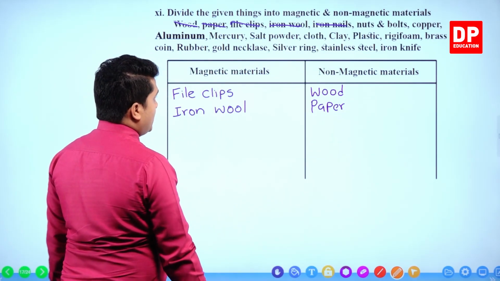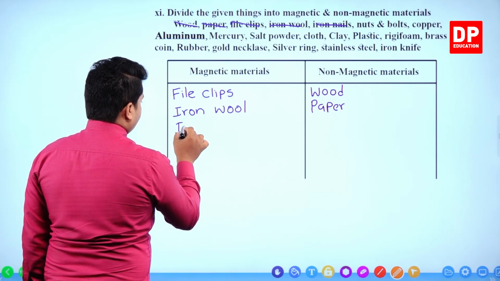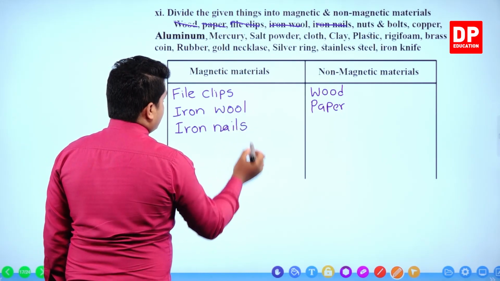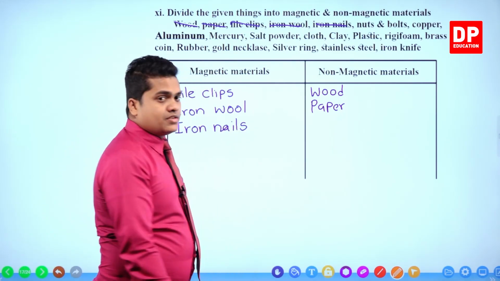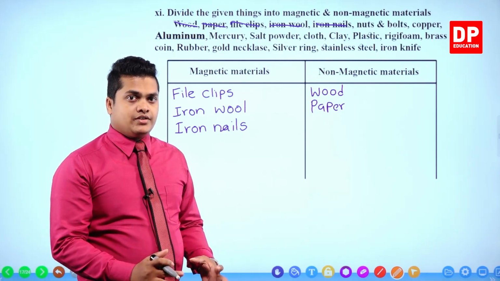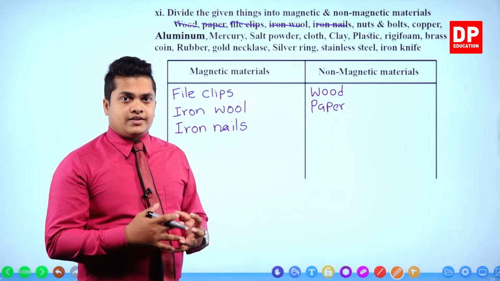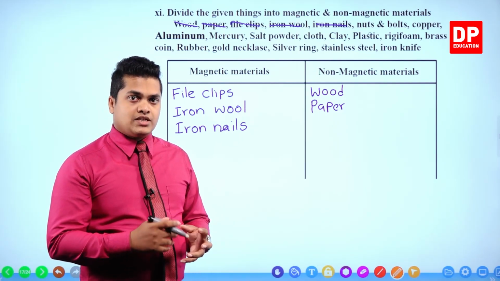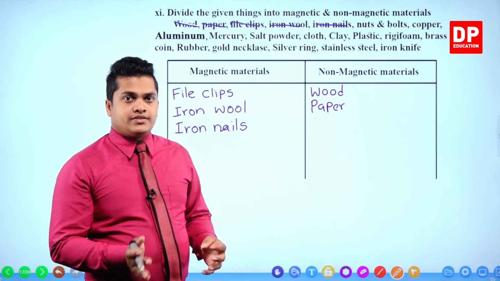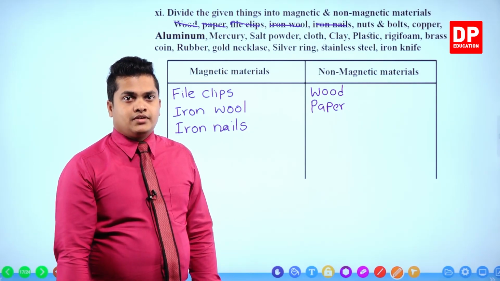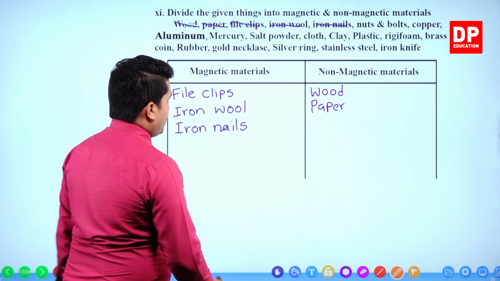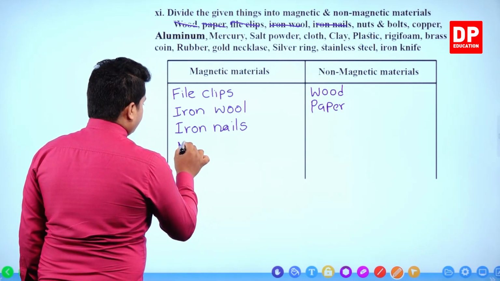So you can mention iron nails in here. Then nuts and bolts. If you take nuts and bolts, most of the nuts and bolts are made up with iron. And there are some nuts and bolts which are made up with steel as well. So no matter the material, nuts and bolts are made up with magnetic materials. Steel and iron both are magnetic materials. So nuts and bolts come to here.